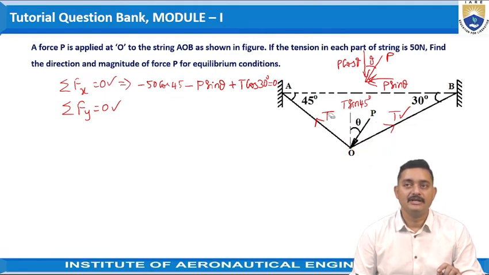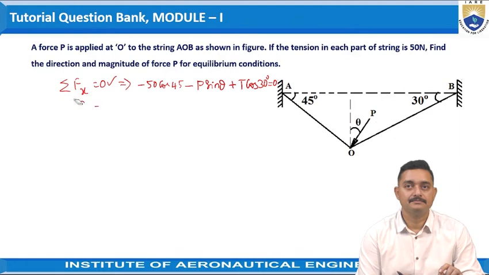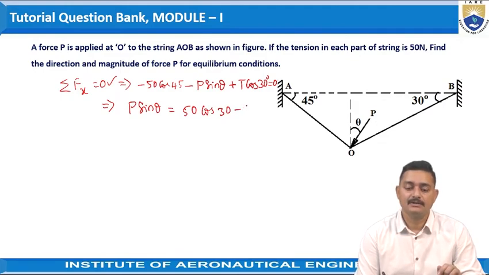Here first we are going to take sigma Fx is equal to 0 equilibrium equation. Hence the equation is given like this. Now when you solve this equation, we can say P sin theta is equal to 50 cos 30 minus 50 cos 45.